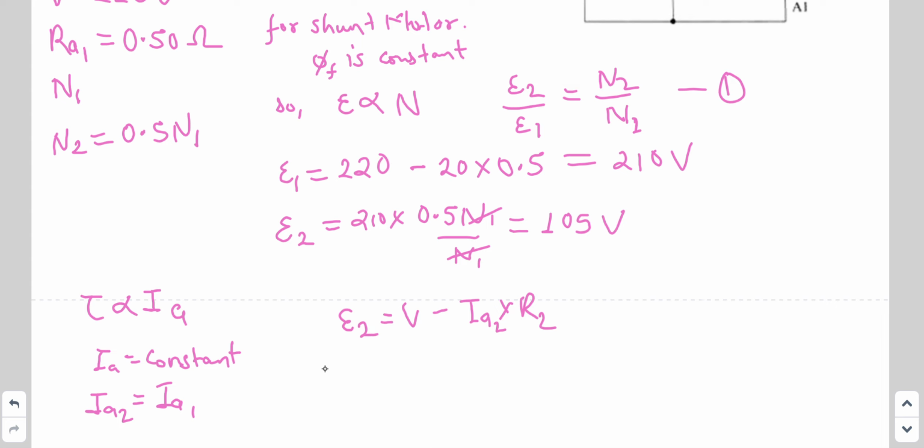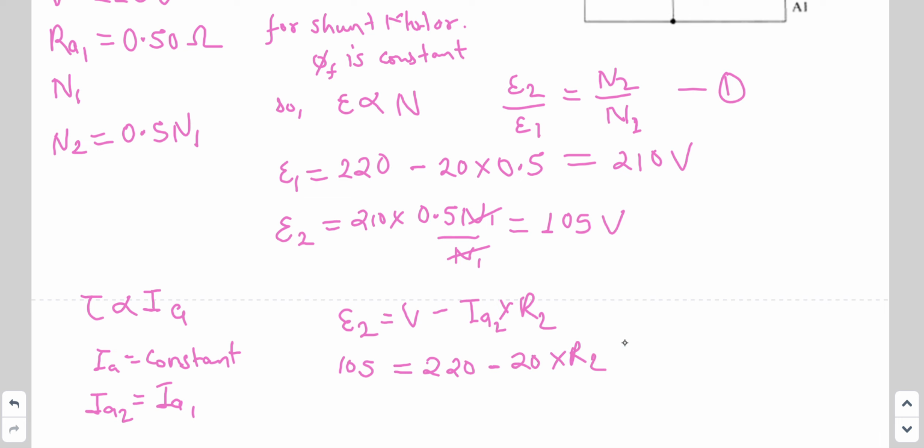So E2 is 105 equals to V, which is 220, minus Ia2, which is same as Ia1, it is 20 ampere, into R2.